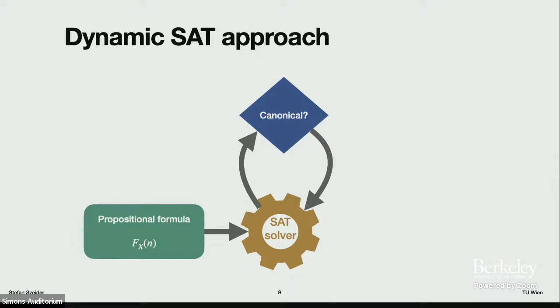And if not, a clause is learned and fed back into our CDCL. I'm here always talking about CDCL SAT solvers. And only when the solver finally comes to a solution, then it's canonical.